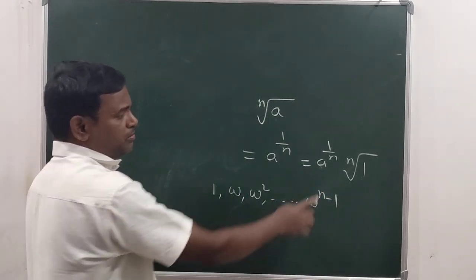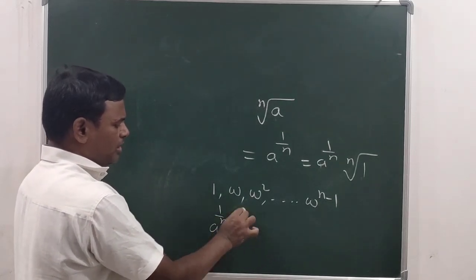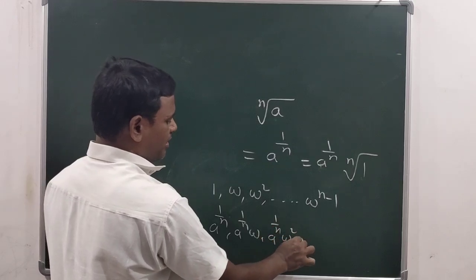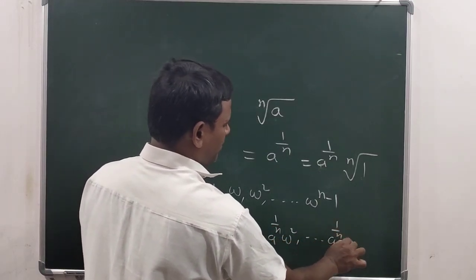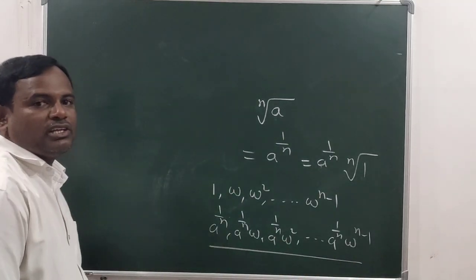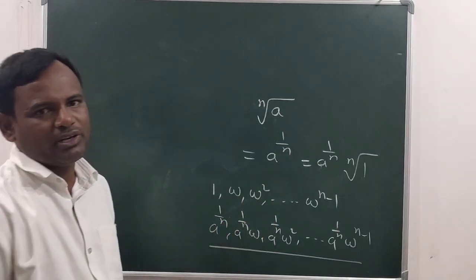Now all these roots must be multiplied by A power 1 by n: A power 1 by n, A power 1 by n omega, A power 1 by n omega square, and so on, up to A power 1 by n omega power n minus 1. These are the roots of the nth root of a real number, not a complex number.